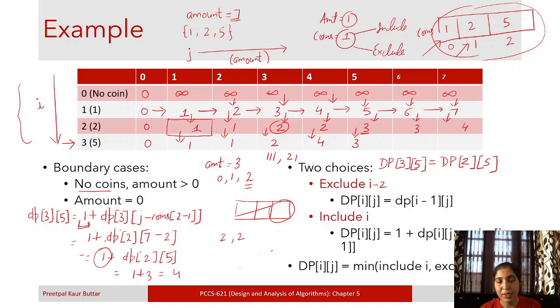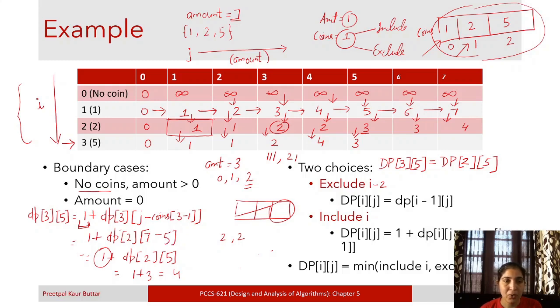by including this 5 rupee coin, the amount which is left is, we can get the value of the third coin from the coins array at location 2. So it is 3 minus 1. And 3 minus 1 is 2, location 2, and at location 2 the value is 5. So the value of the third coin is 5. It is a 5 rupee coin.